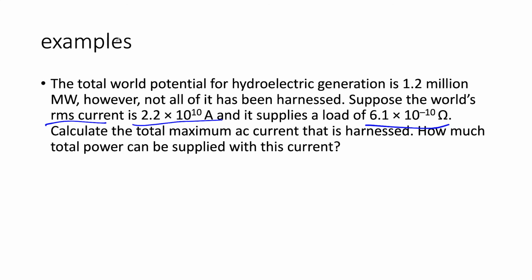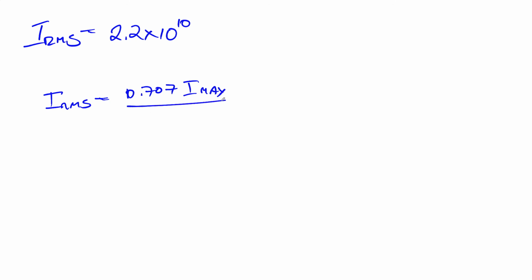So IRMS is equal to, let's see, 2.2 times 10 to the 10th. Now, remember we said IRMS is equal to 0.707 Imax. So we divide both sides by 0.707.